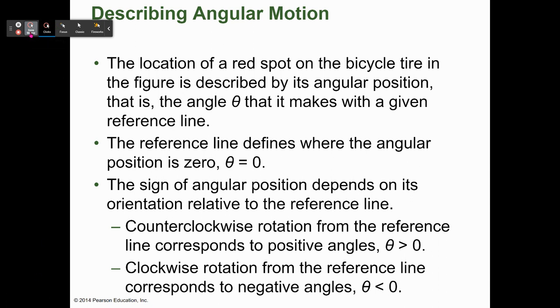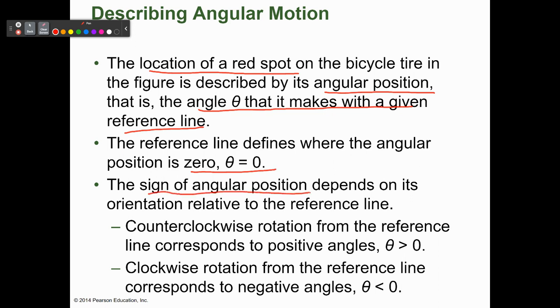All right, so remember that the location of the red spot is its angular position, and that is the angle that it makes with the reference line. The reference line would be an angle of 0. Okay. The sign, these are going to be really important for you to remember because they're going to be worked into the problems.